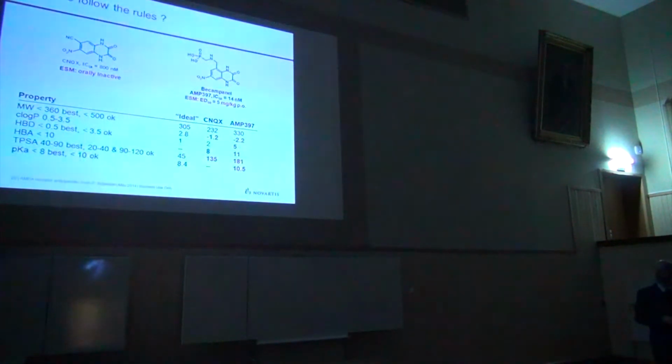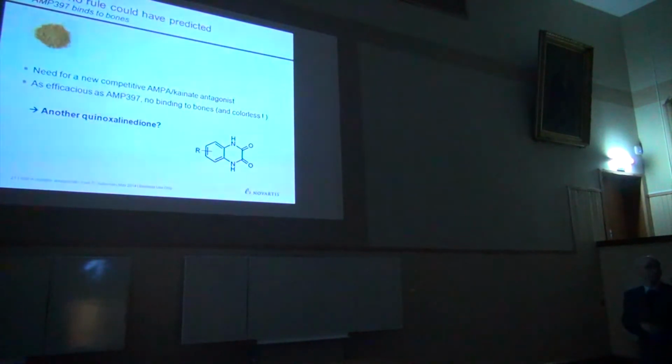We had problems, and the problems are illustrated on the next slide. They could not be predicted by the rules, but AMP397 actually binds to bones, and it is orange. So after a while, the bones turn bright orange. We didn't observe this in patients, but in the animal species in which we did the tox study, after 1 year, we could see that their bones had turned bright orange.